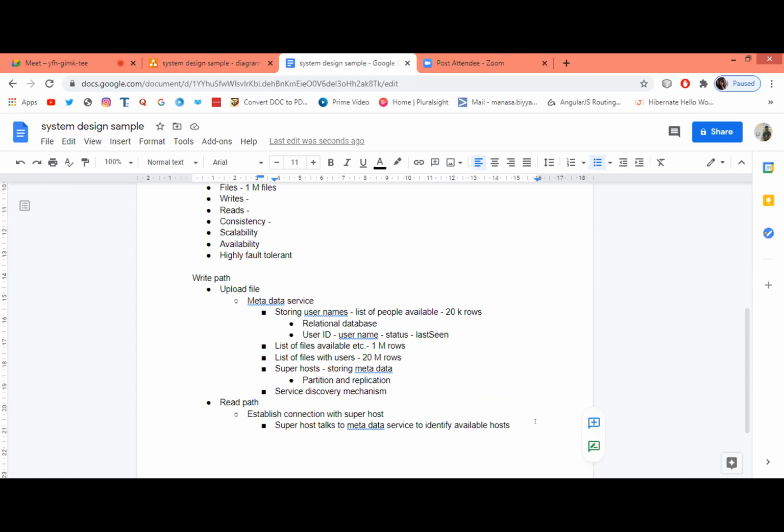Assuming all that is there, I'll establish connections in parallel with all the machines and then download the data. I'll just write this down: get hosts, establish.